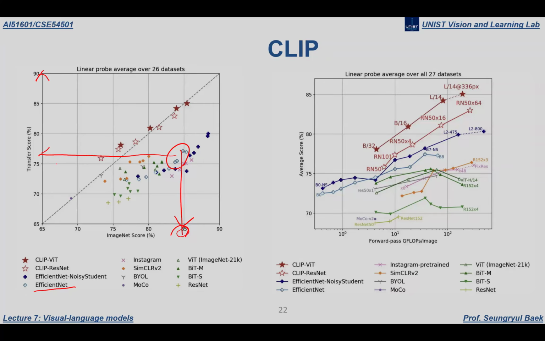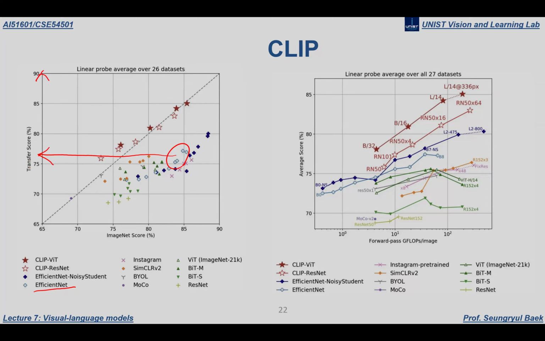But if they are tested on a different image classification dataset, their accuracy becomes less. So originally, for the in-domain testing data, their accuracy is around 85%, but if they are transferred to slightly different datasets, their accuracy becomes less.